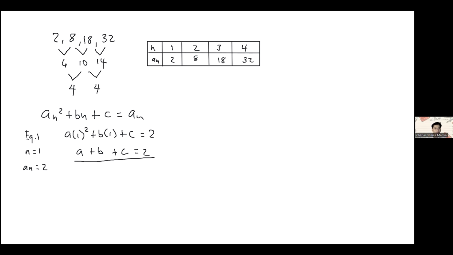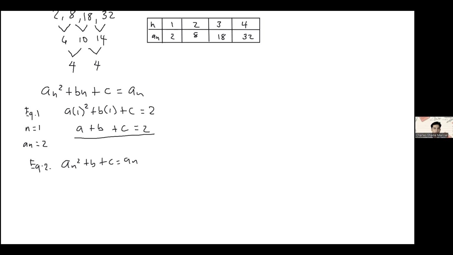So let's find naman the equation 2. Okay? Ang gagawin lang ulit natin is we will just use the same formula pero itong second term naman. Okay, so we have a sub n squared plus b plus c is equal to a sub n. Okay, scroll up muna natin.